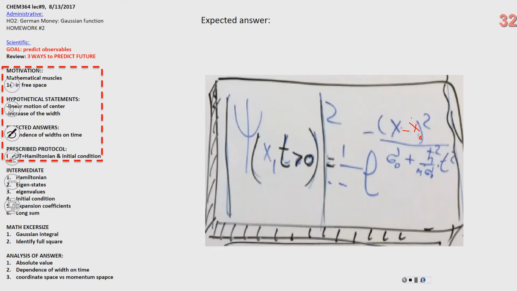So it's not a big deal. Here, it will be position minus initial position minus momentum over mass times t. Under this, here will be a square Gaussian function, and in the denominator, the width parameter will grow quadratically.